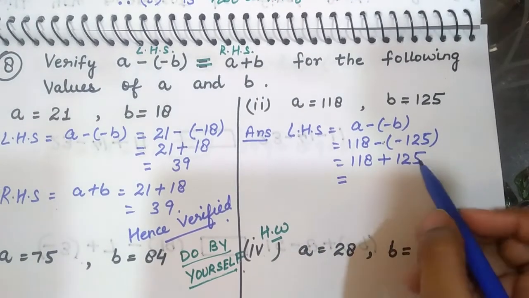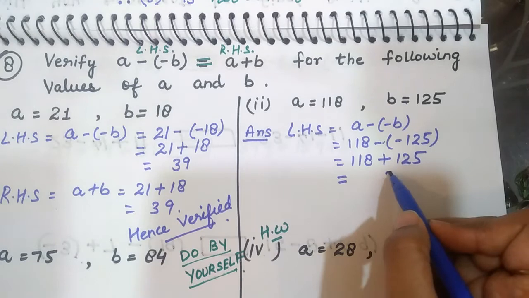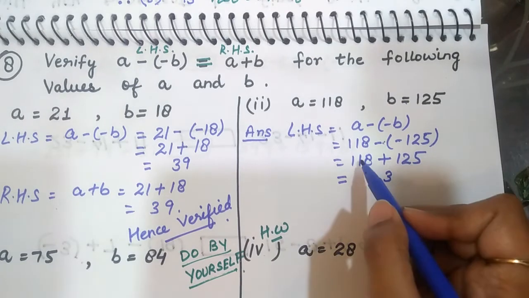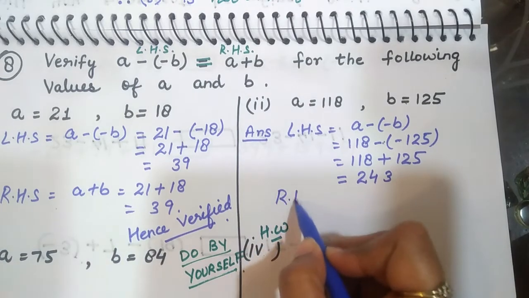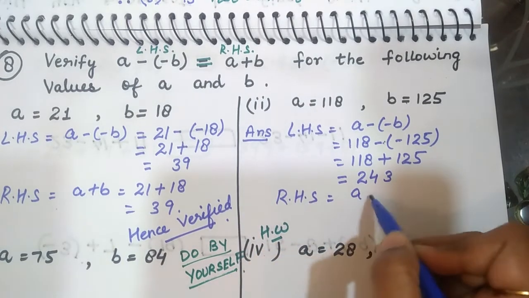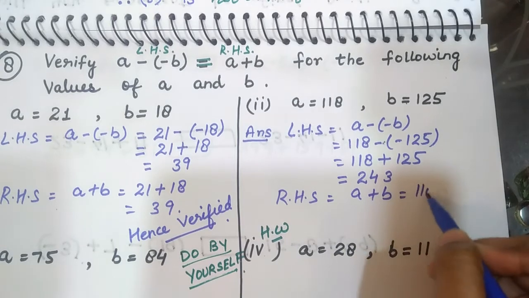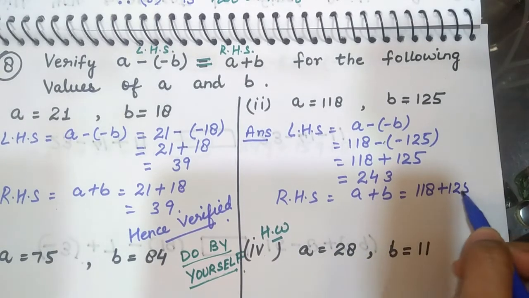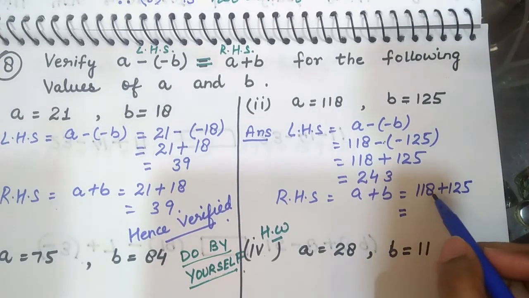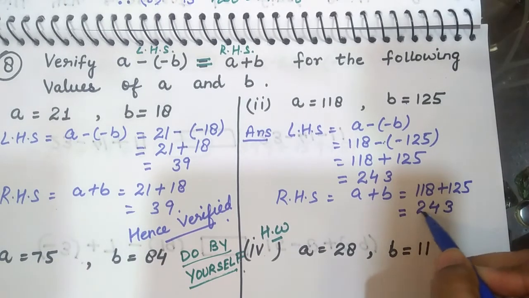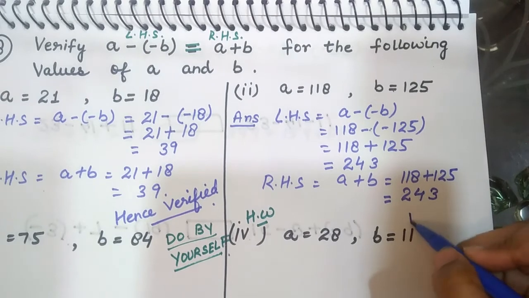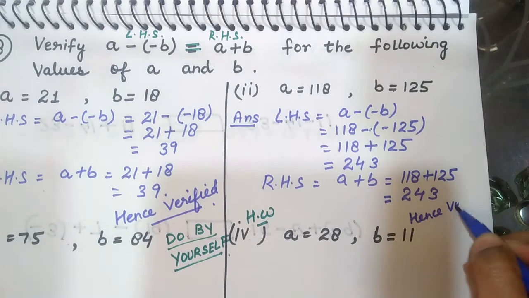It adds, 5 added to 8 gives you 13. 1 carry, 2, 1, 3, 4 and 2. 243. Now right hand side. A plus B. 118 plus 125. Again 243. Same answer. So hence verified.